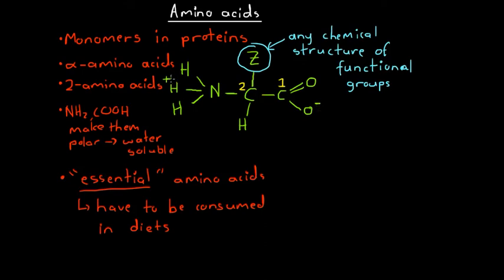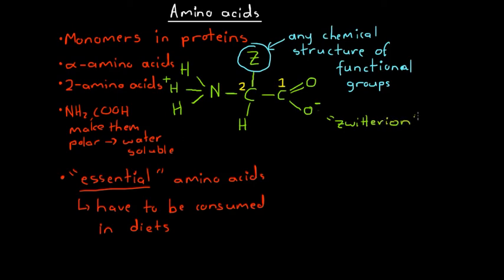Now there's a special term for this type of molecule here that can act as an acid and a base, or alternatively can act as a negative ion and a positive ion at the same time. And what we do is we call that a Zwitter ion.